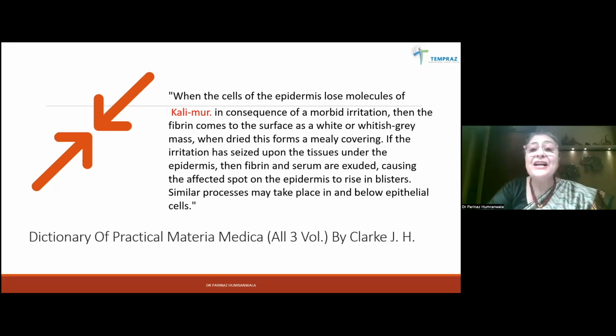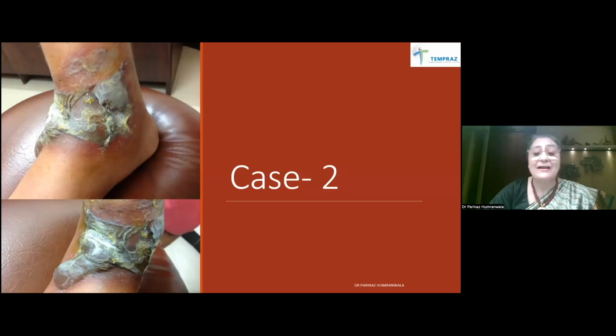If the irritation has seized upon the tissue under the epidermis, then fibrin and serum are exuded, causing the affected spot on the epidermis to rise in blisters. Similar processes may take place in and below the epithelial cells. This wonderfully explains the action of Kali Mur in case of burns. And this is all written in the Dictionary of Practical Materia Medica by Clark.